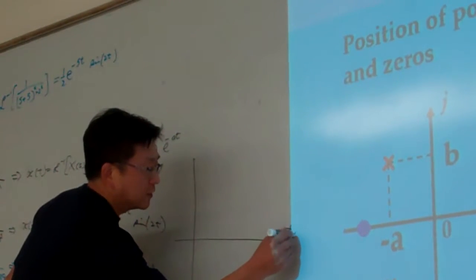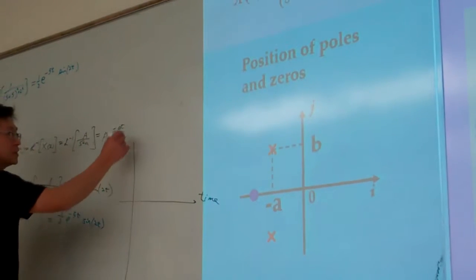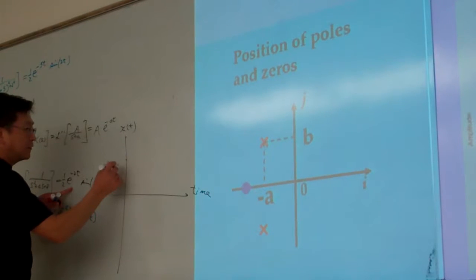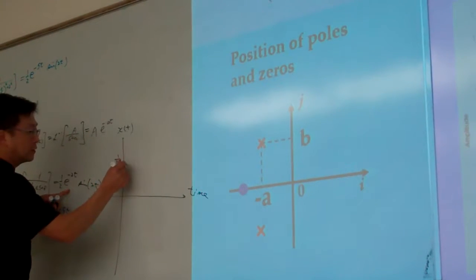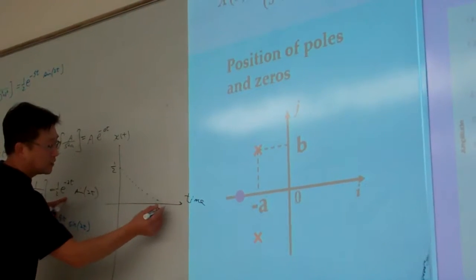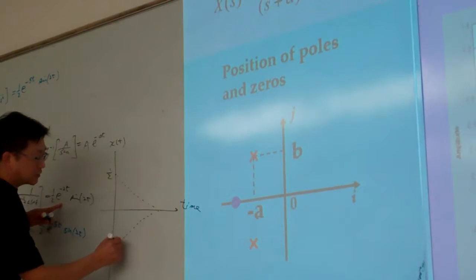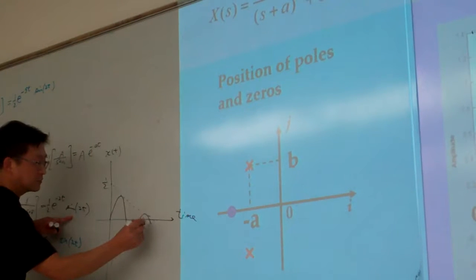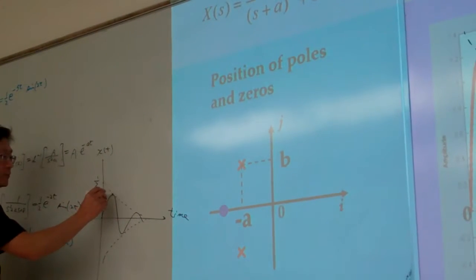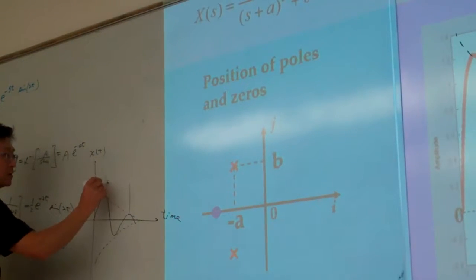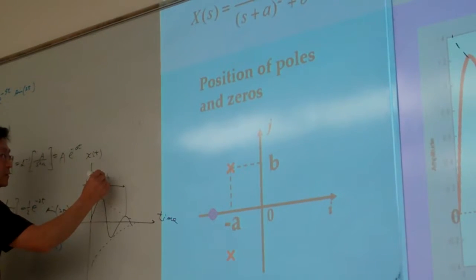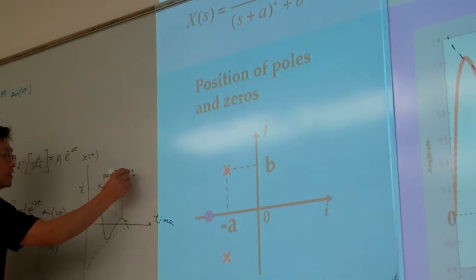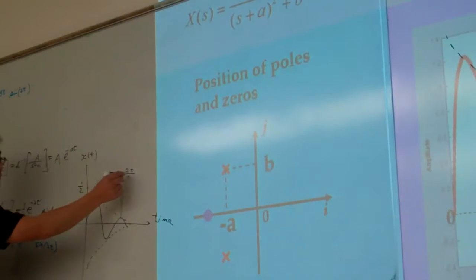So for example, if this is time and this is our response, for the first one, 1/2, let me define the profile of the decay first, and sine 2t will be something like this. From peak to peak, here is our period, which will be equal to 2 pi divided by the frequency 2.